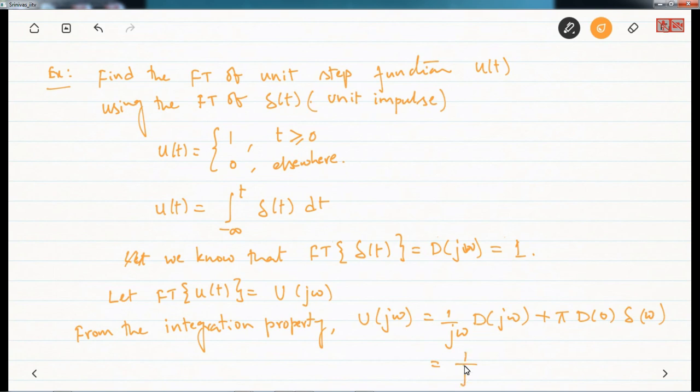So that is equal to 1 by j omega into 1 plus pi into 1, because d of j omega is equal to 1 and d of j omega at omega equal to 0 is also equal to 1. So I have substituted 1 here, and 1 here. That's it.